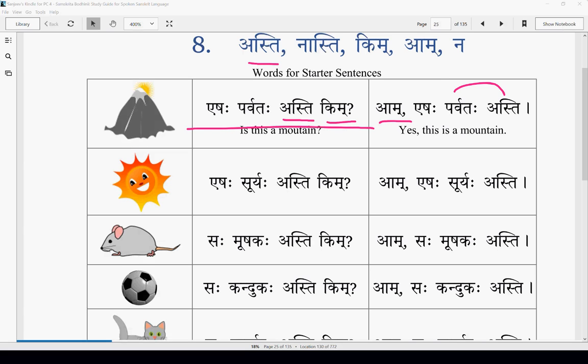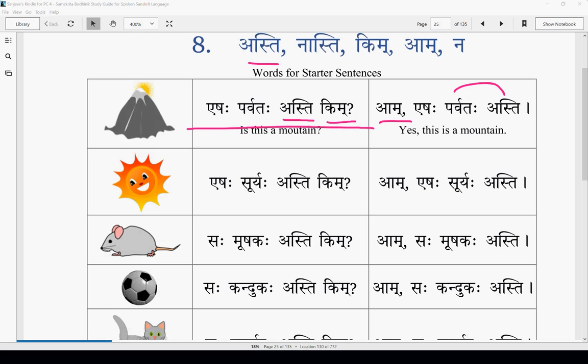In the first sentence, we are asking the question: Eshaha parvataha asti kim? So, is this the mountain? Here kim is coming in a different context, with a different meaning. Kim is coming as a question word here.